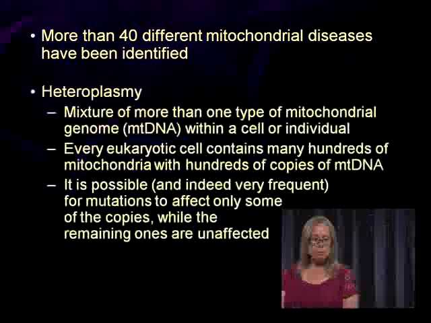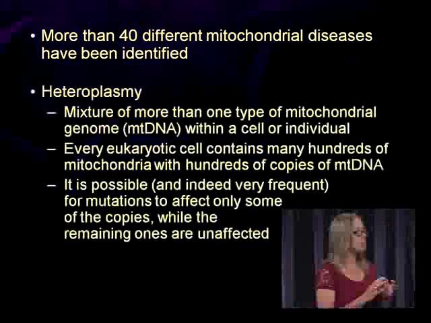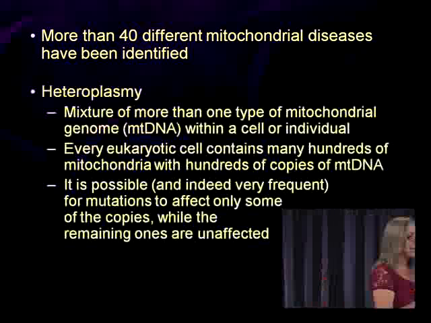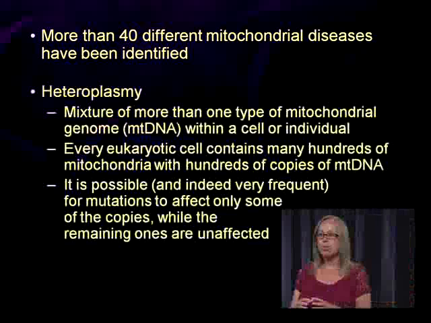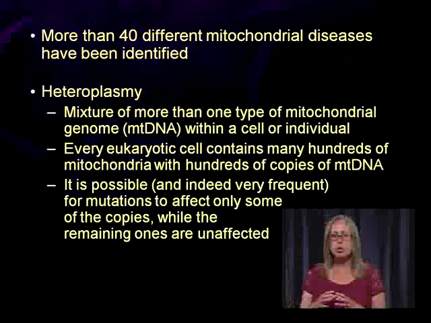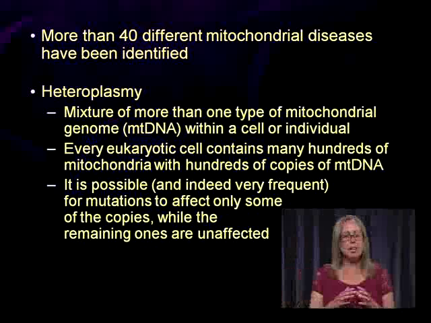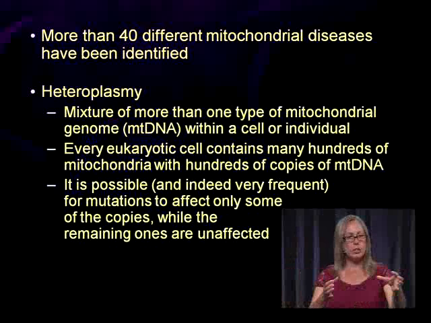There's a concept of heteroplasmy. Within each cell, you have multiple mitochondria. So that population of mitochondria is not homogeneous. One might collect a mutation and then give rise to a whole subpopulation of mutated mitochondria.